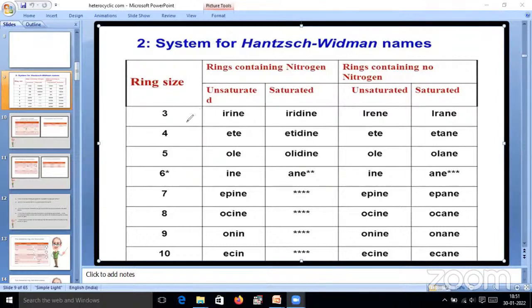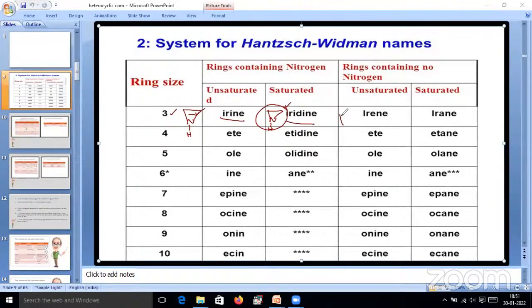Suppose the cyclic system with a 3-member. So if it contains nitrogen atom, it is unsaturated, we can write irene. Suppose if it is saturated with the nitrogen atom containing 3-membered system, we can write it as iridine.